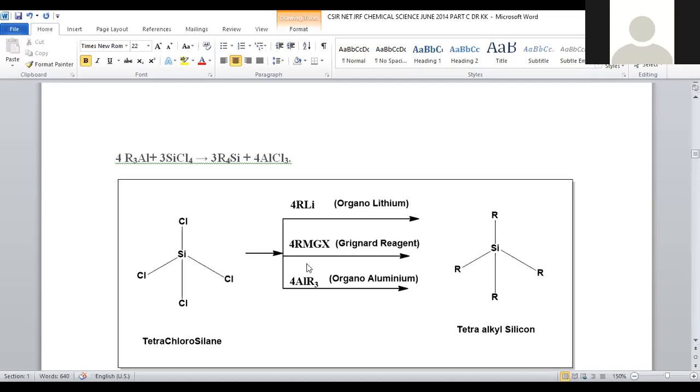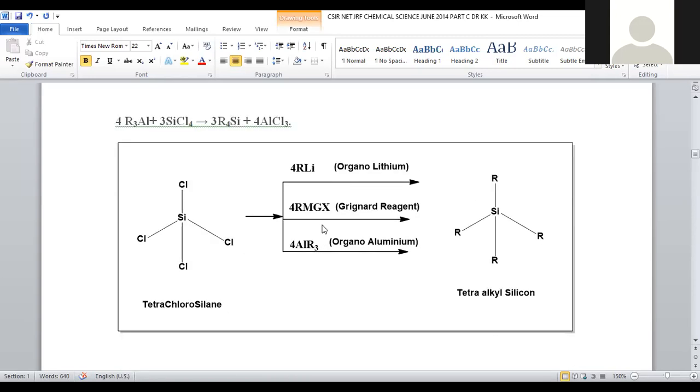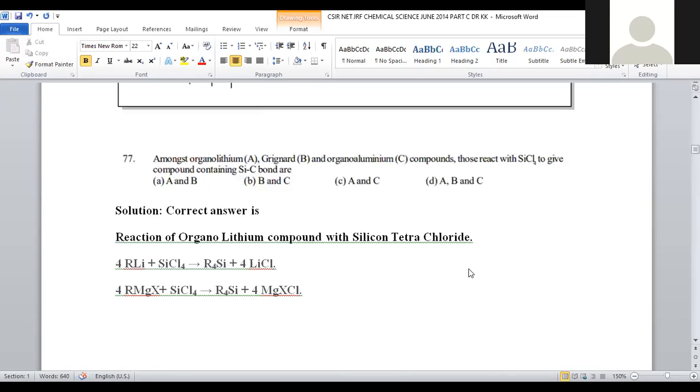So in 3 kinds of reactions, it is possible to convert silicon tetrachloride into tetra-alkyl silane. That is briefly demonstrated in the single diagrammatic representation by treating tetrachlorosilane with organolithium, organomagnesium, organoaluminium. So in 3 cases, we could achieve this tetra-alkyl silane as the final product.